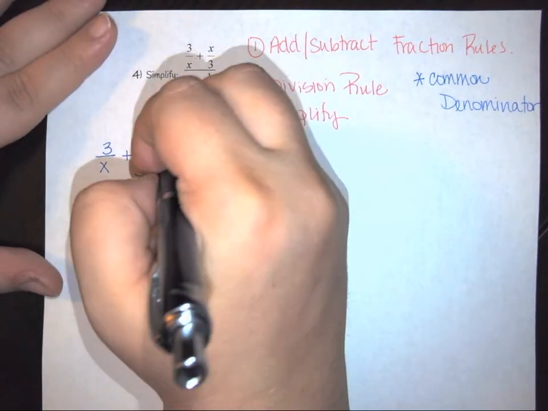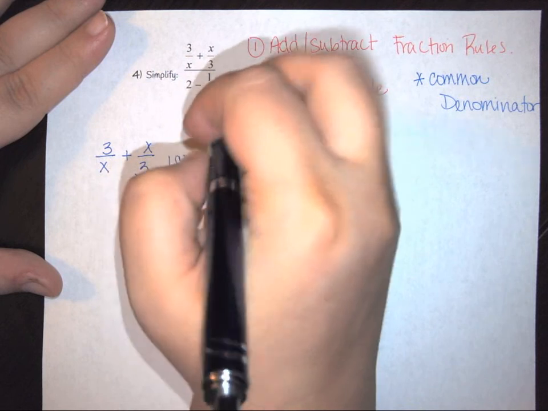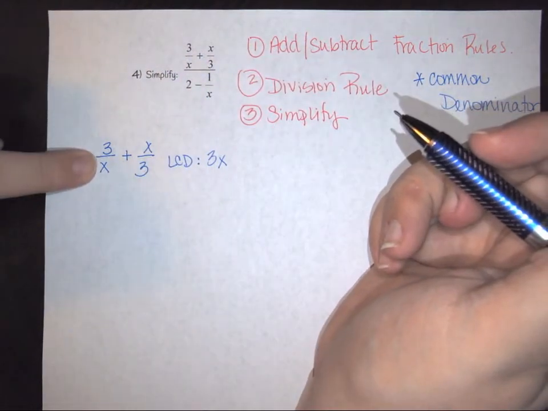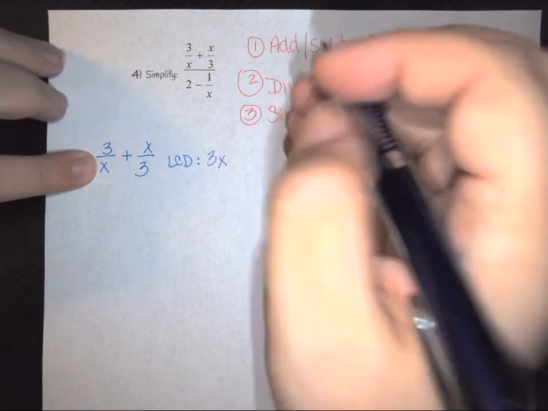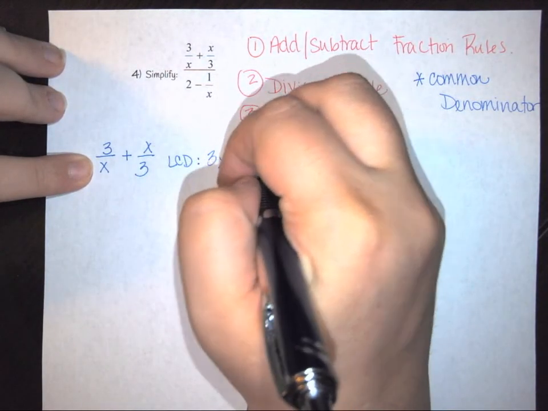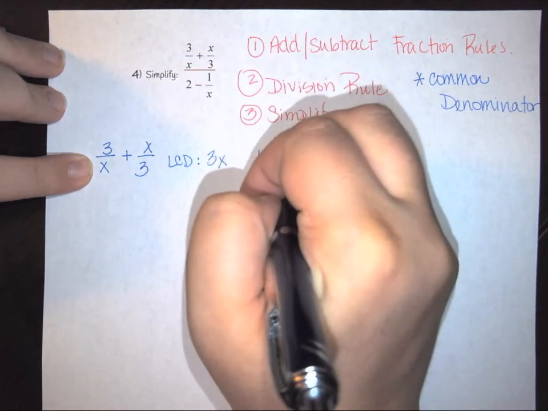So in this case, my least common denominator is going to be 3x. If I look at my first term, I have an x in the bottom, but I'm missing the 3. So this becomes 3 times 3 all over 3x.